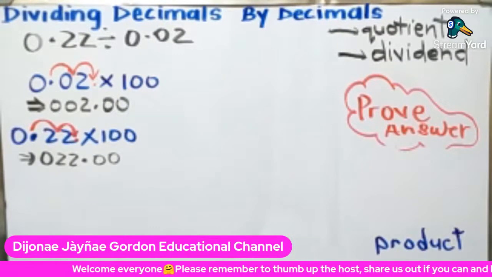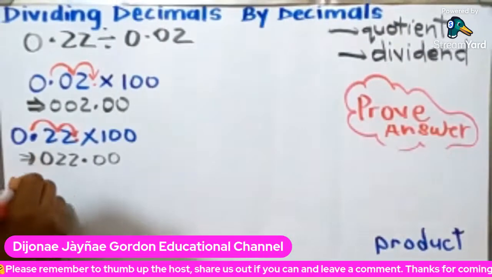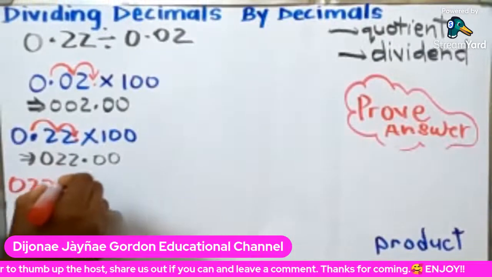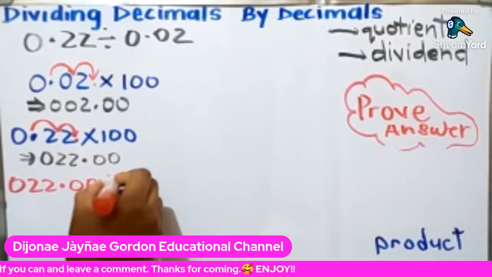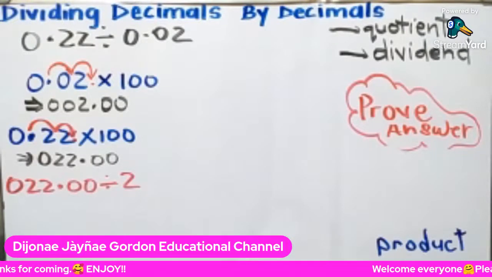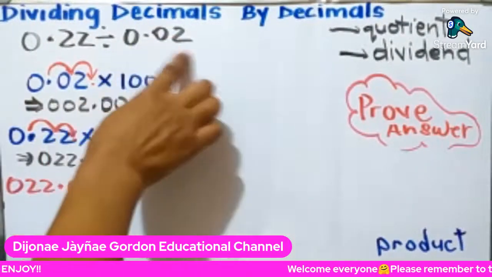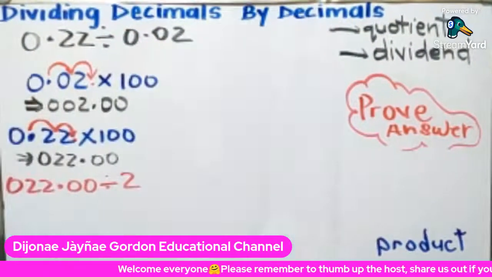This is what we are working with now: 0.22.00, and we are dividing by 2. The aim was to change our divisor from a decimal to a whole number.